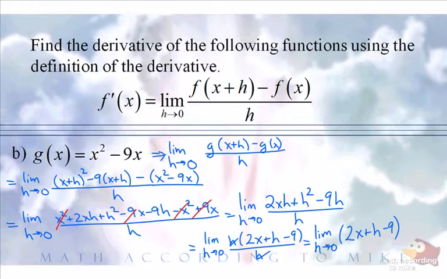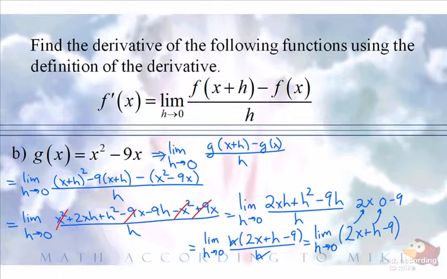Okay. h is really your variable here. So if the term doesn't have an h, then it's considered constant. So 2x does not have an h. So as h goes to 0, 2x doesn't go anywhere, it just goes to 2x. This h, however, is going to 0, and negative 9 is going towards negative 9.